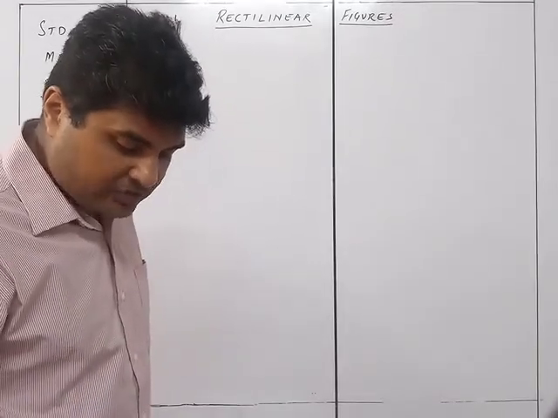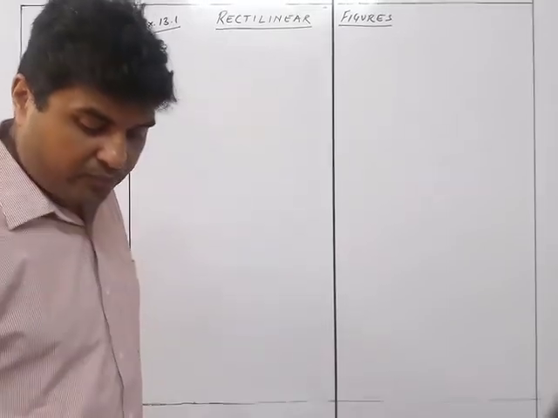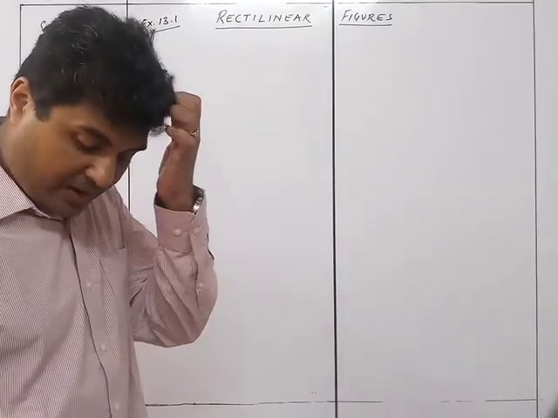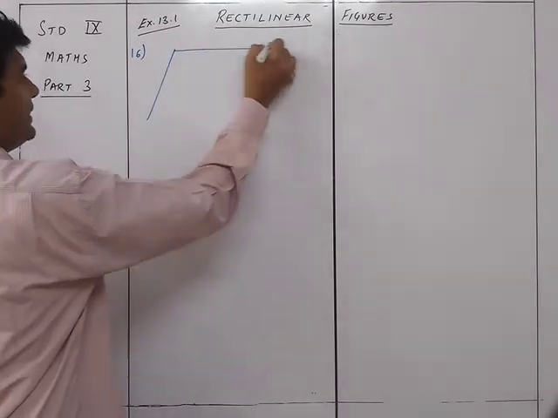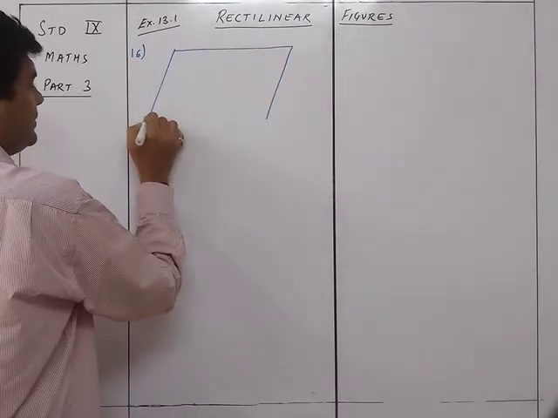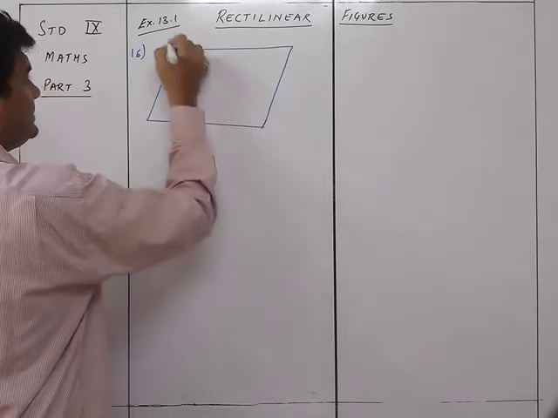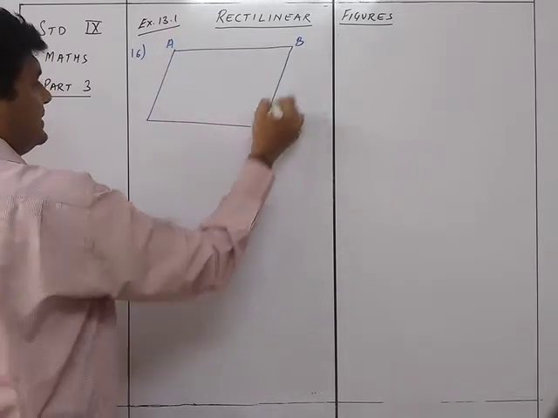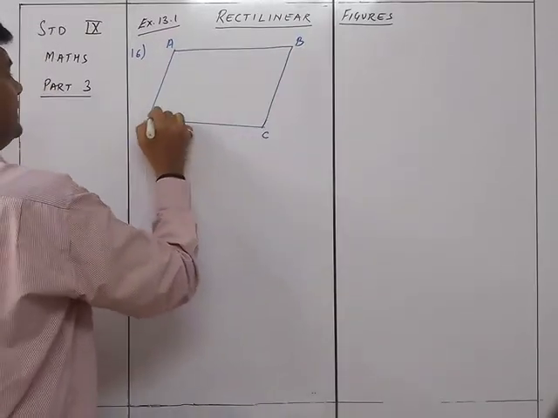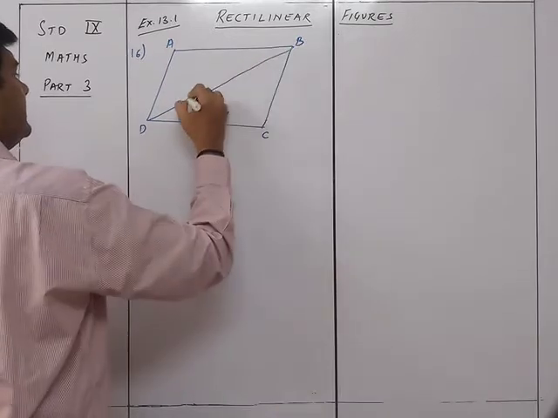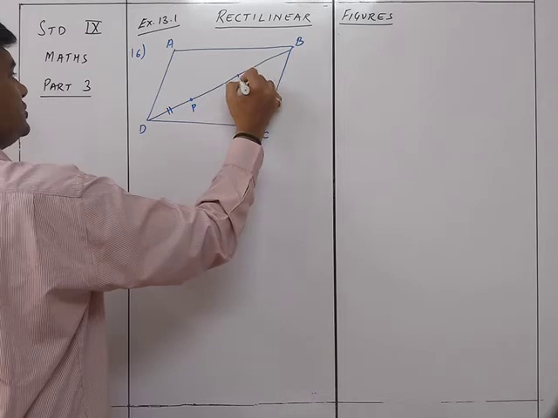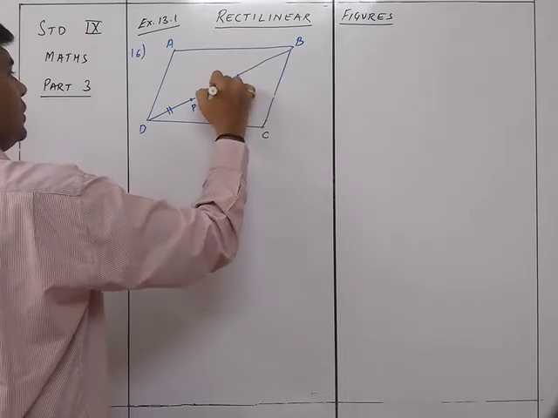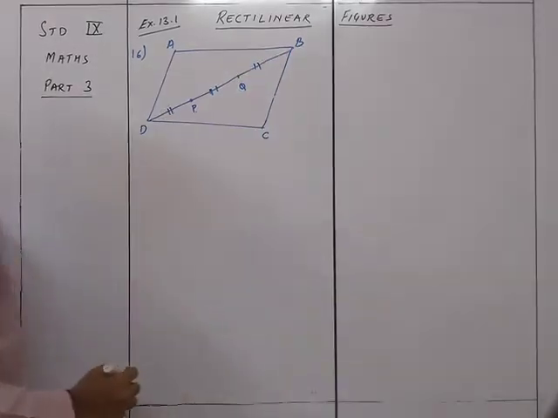P and Q are points of trisection of diagonal BD of parallelogram ABCD. So there is a trisection of diagonal BD. If this is considered as A, B, C and D, then on this BD, in the trisection, this is P, this is Q, and these are all equal.